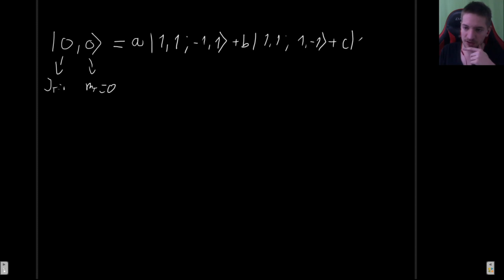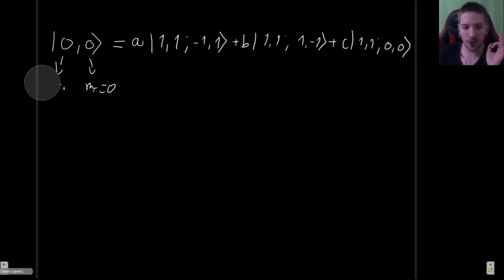We have to take some normalization constant times one of the possibilities, which is |1,1⟩, because of course our particle or system hasn't changed, and then we can have it be, for example, |-1,1⟩. We can also have it be some other normalization constant times |1,-1⟩, and we can also have some other normalization constant times |0,0⟩. These are the three possibilities.